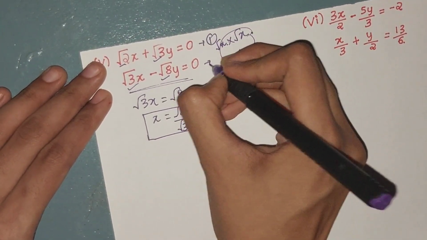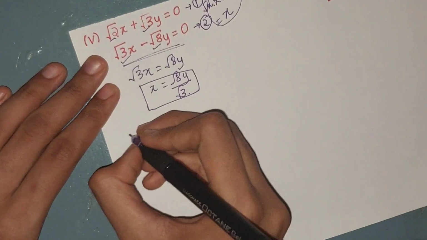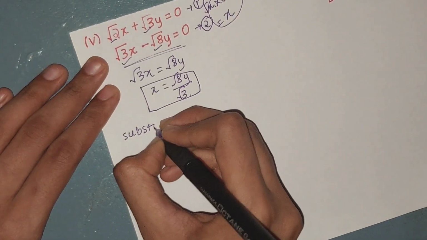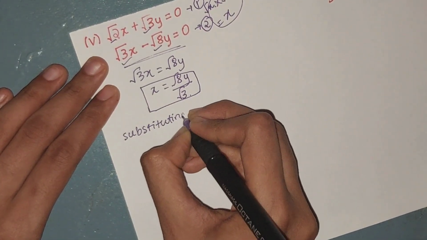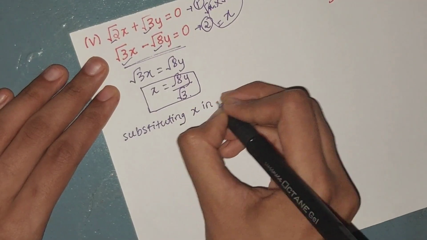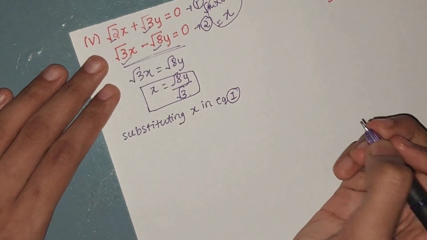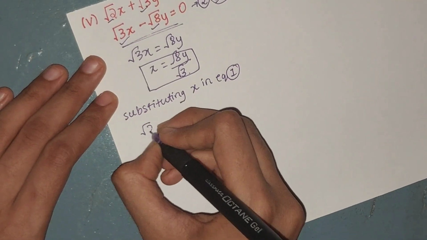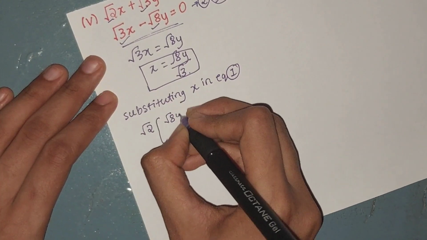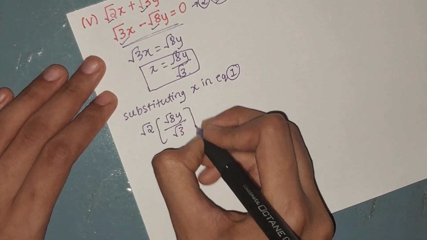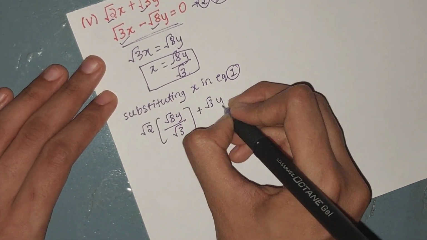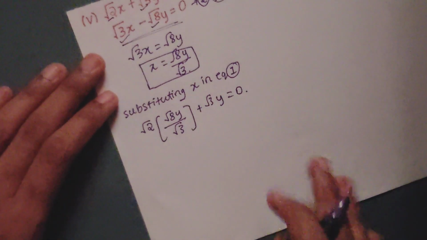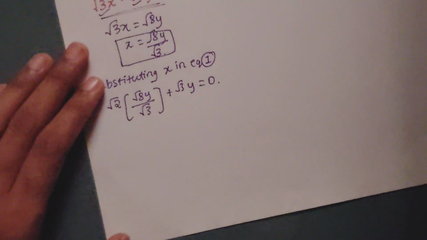Make it equation 1, make it equation 2. Substituting x in equation 1: root 2 into root 8y upon root 3 plus root 3y is equal to 0. I hope you're able to understand this.